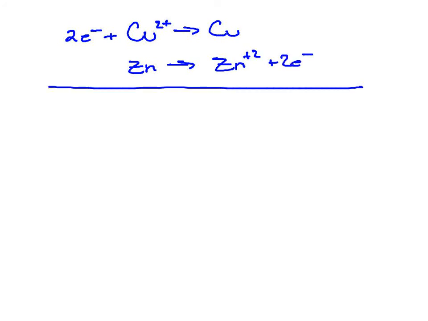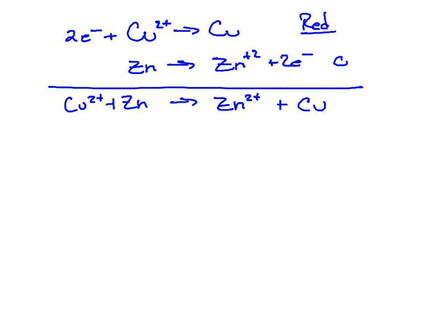When we add these reactions together, you simply get Cu2+ plus Zn makes Zn2+ plus Cu. Now, the copper is reducing and the zinc is oxidizing because, of course, the copper is gaining electrons, or I like to think his charge is going down, so he's reducing. And the zinc is oxidizing, his charge is going up.